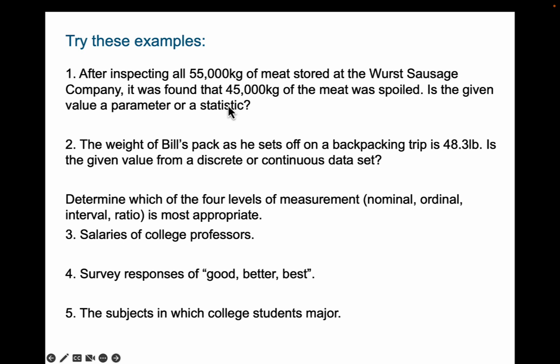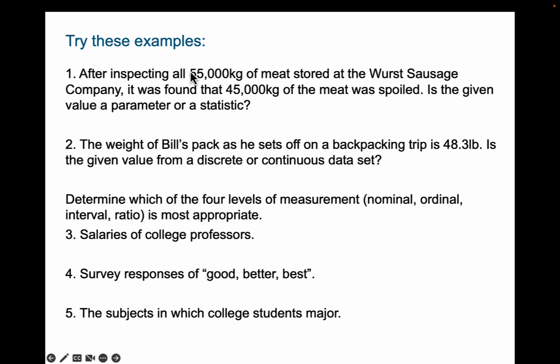Little reminder, it's a parameter if it comes from a full population. It's a statistic if it was a sample from a population. What did ours come from? Well, our found 45,000 kilograms of spoiled meat came from inspecting all 55,000 kilograms from the sausage company.